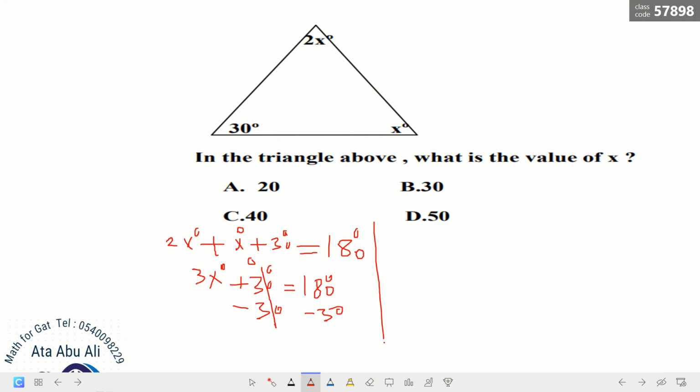So on the left side we still have 3x degrees, equal to 180 minus 30, which is 150. Then I divide both sides by 3. 3 divided by 3 is 1, so I put down x degrees. 150 divided by 3 is equal to 50. So x is equal to 50 degrees, which is D.